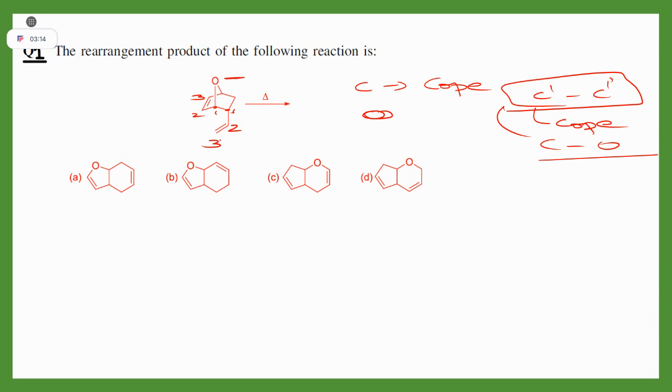Okay. Now next thing you have to do is bond movement. So this will go here and this will go here, right? Now just draw this structure in the same way.